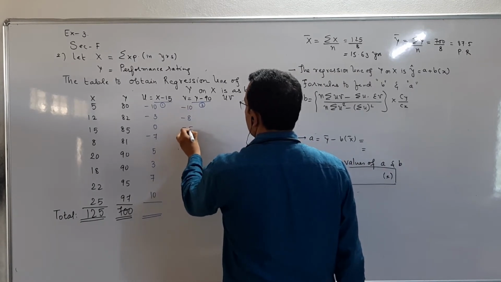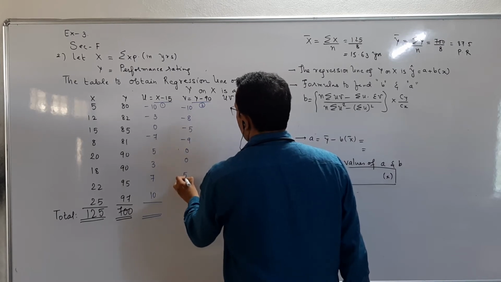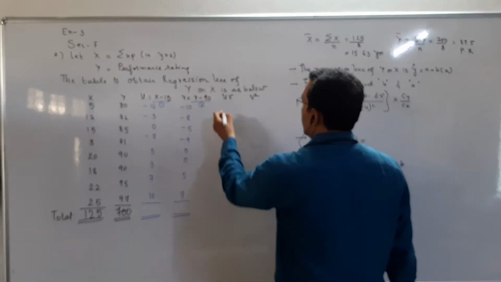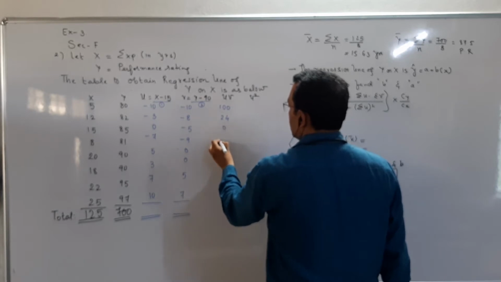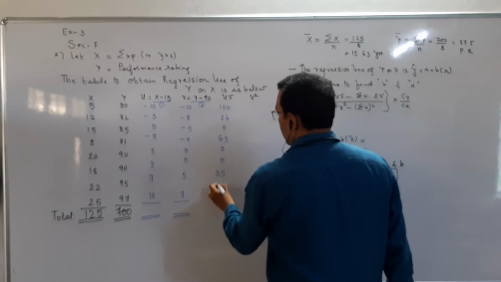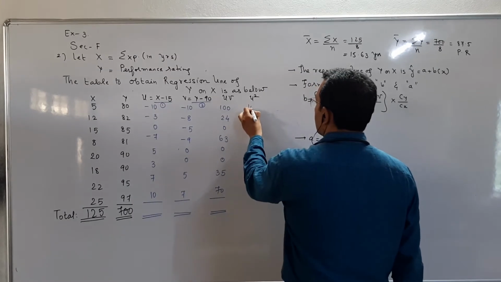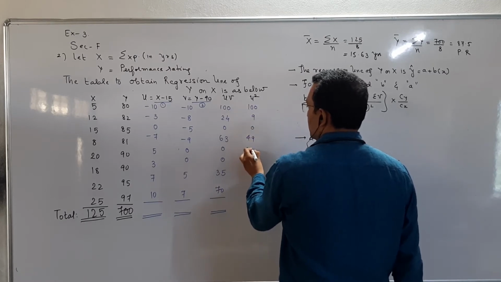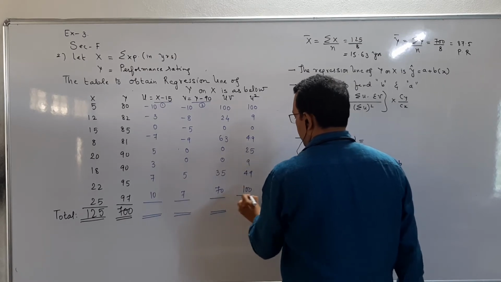Minus 8, minus 5. Minus 9, 0, 0, 5 and 7. Then u into v: 10 into 10, 100, 24, 0, 63, 0, 0, 35 and 7. U square: 100, 9, 0, 49, 25, 9, 49 and 100.